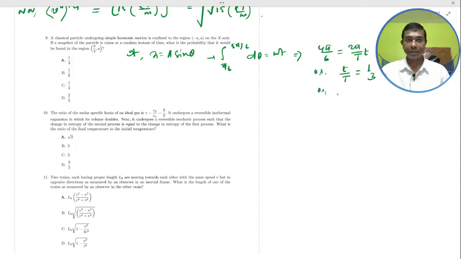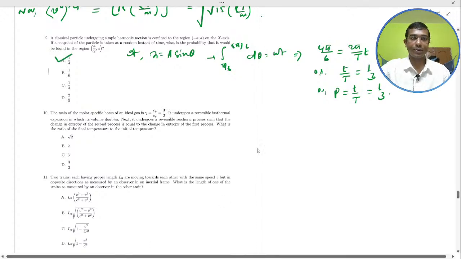That means the probability P is equal to t by T. This is 1/3. 1/3 would be the correct option, Option A. Next question.